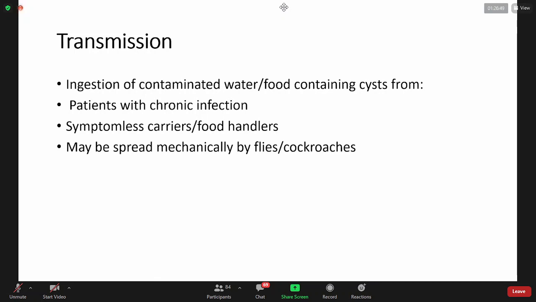However, these cysts may be transmitted mechanically by arthropods, for example, flies and cockroaches, when they get in contact with human feces, and then they can also feed on human food.